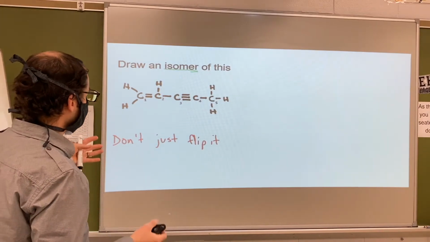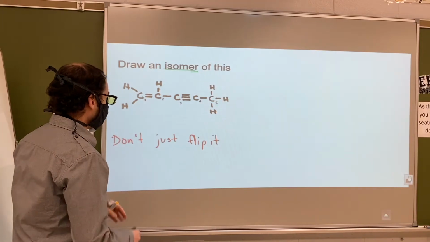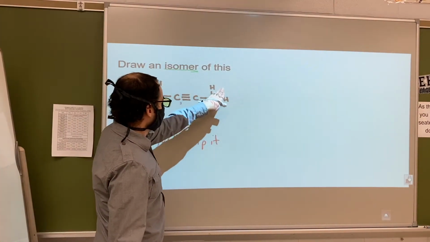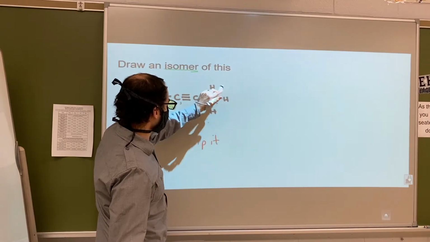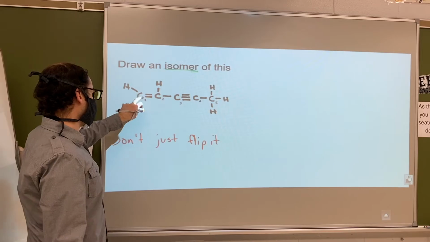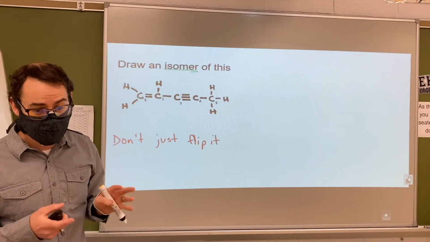The other thing that you could do is you could move some of the bonds around. Now again, you just want to be careful because you don't want to end up with a tetrahedral on carbon 5 or carbon 1, and then on the opposite, you don't want to have this kind of planar shape there, because again, that would be the same as just kind of flipping it.